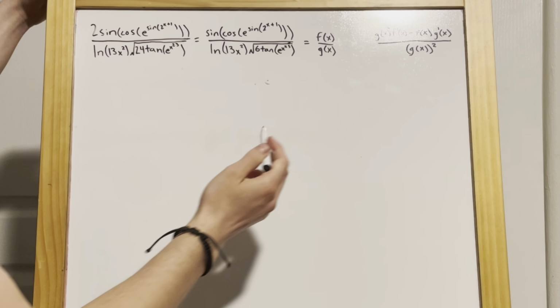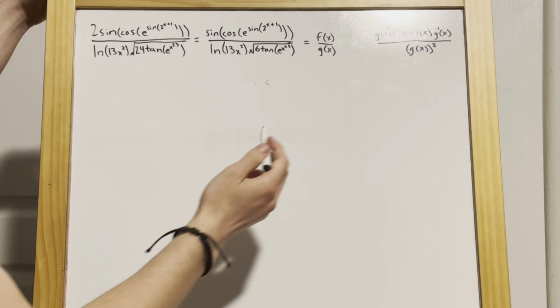Bring everything down, just like that, times the derivative of the inside. The 6 is a constant, so it'll be times 6. So this 6 will come right here. 6 divided by 2 is 3, so we can get rid of the 2 and replace this with a 3.